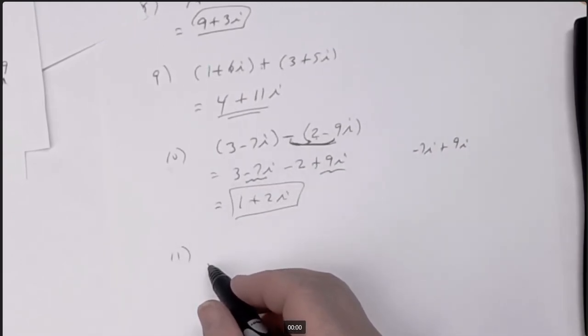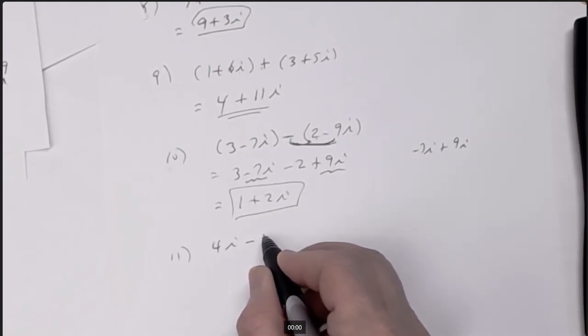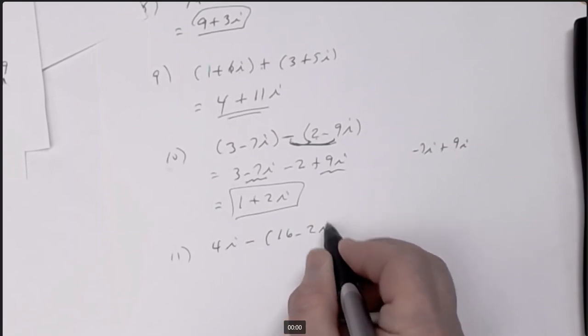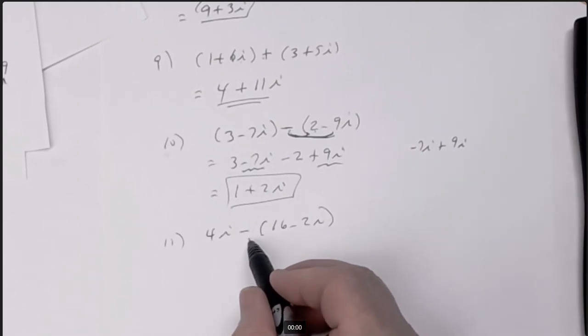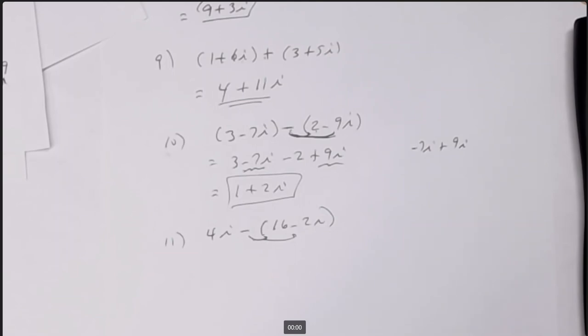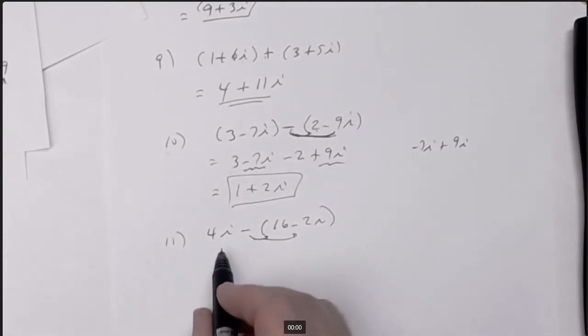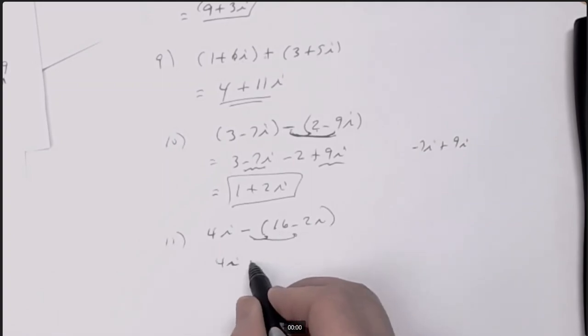All right, you're subtracting. So let's get rid of the parentheses. Go ahead and distribute or add the opposite. Either one doesn't matter. When I get rid of the parentheses, I get 4i, and tell me what the rest is. Minus 16, now be careful here, plus 2i. Now combine like terms.